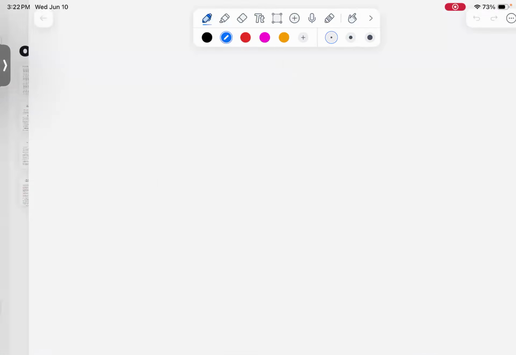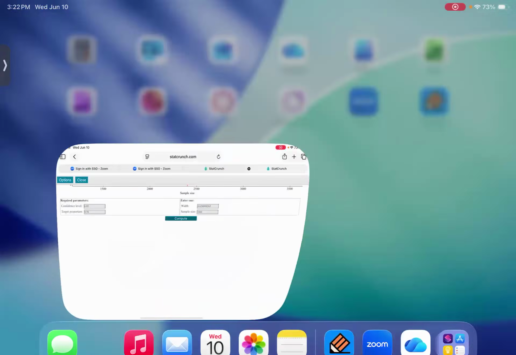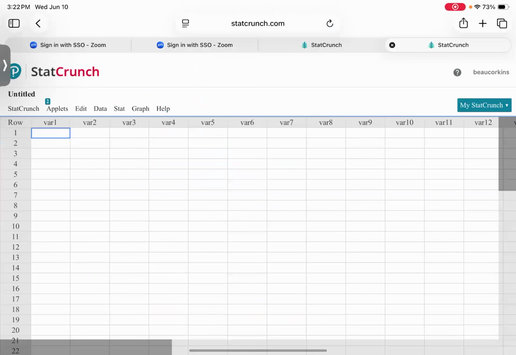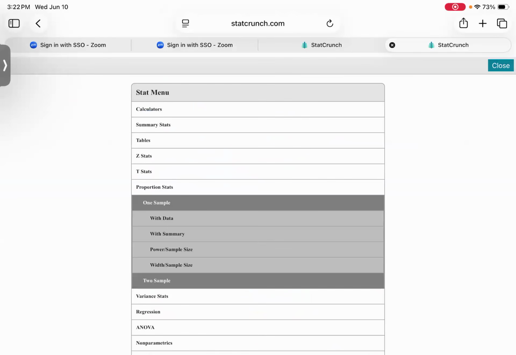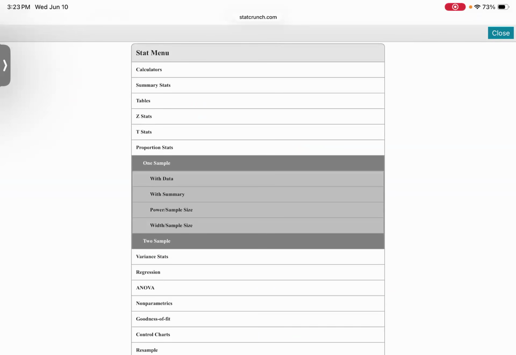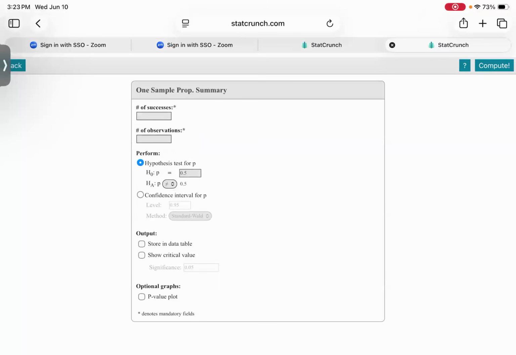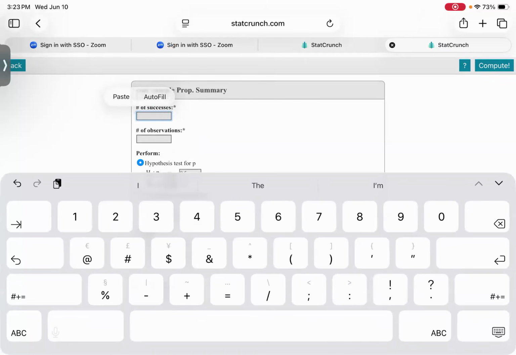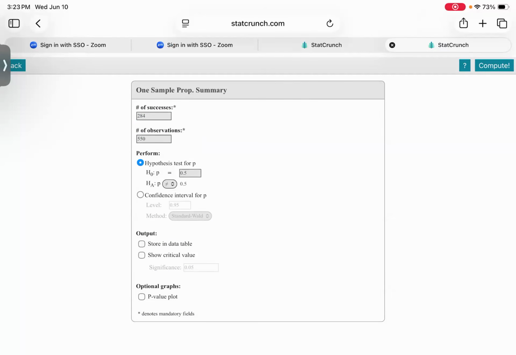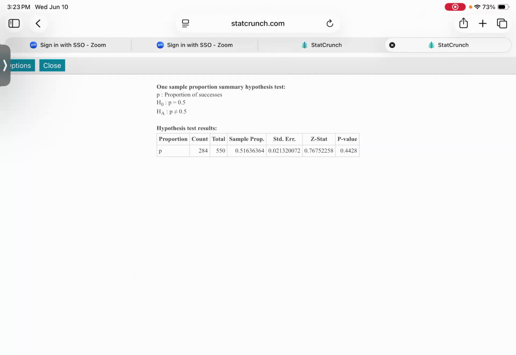Just to verify, let's do this in StatCrunch. Proportion stats, one sample with summary. Number of successes, 284 out of 550 observations. We are doing a hypothesis test, and it is about 0.5, not equal to. It says perform hypothesis test for p. I'm going to hit compute.